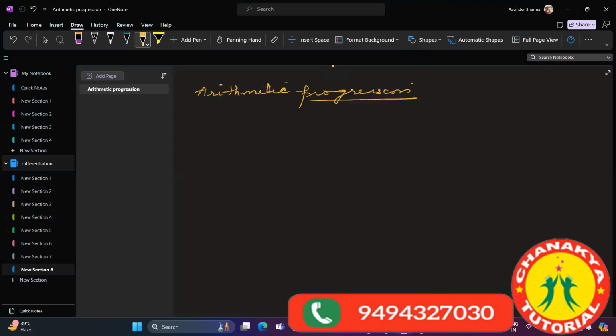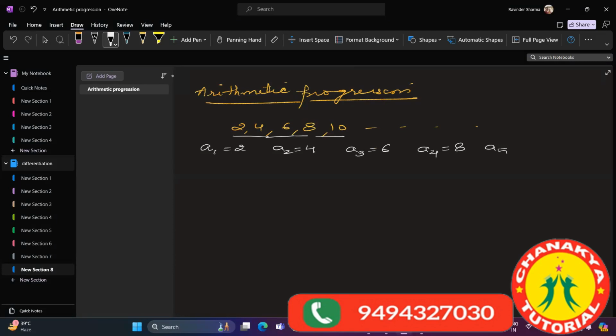Suppose you have this sequence: 2, 4, 6, 8, 10. If you observe, beta, the difference between two terms throughout the sequence remains the same. Suppose your first term is 2, second term is 4, third term is 6, fourth term is 8, and fifth term is 10. Right, beta?